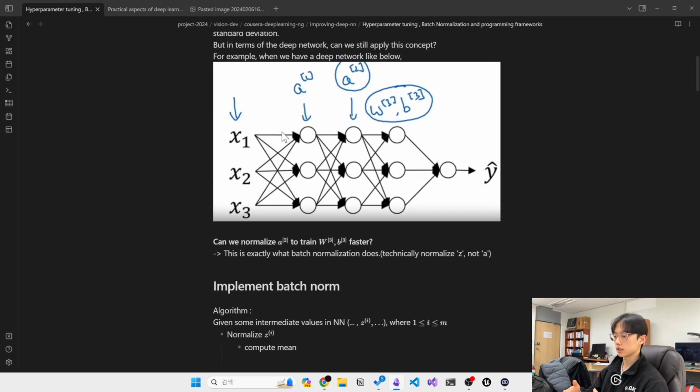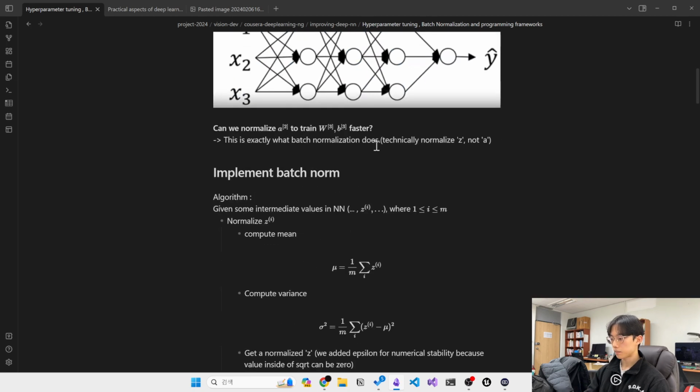So our question is, can we normalize each activation layer to train the next parameters faster? We need to use these techniques in the deep neural network, so we should answer this question. And this is exactly what batch normalization does.